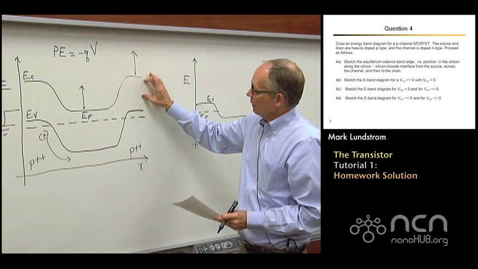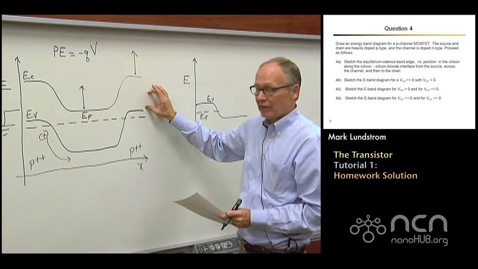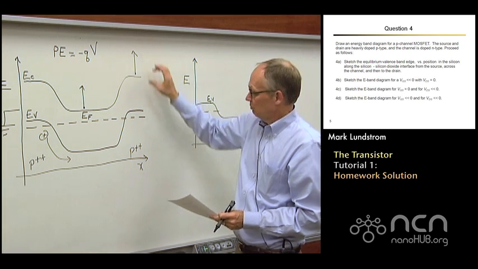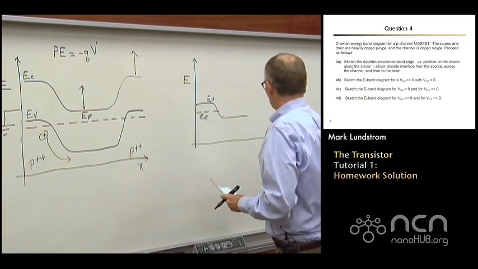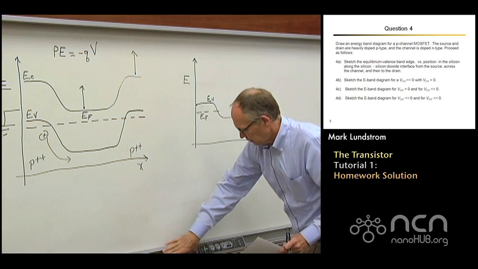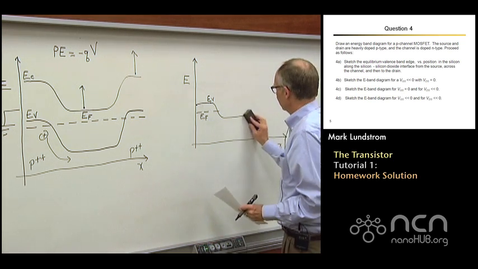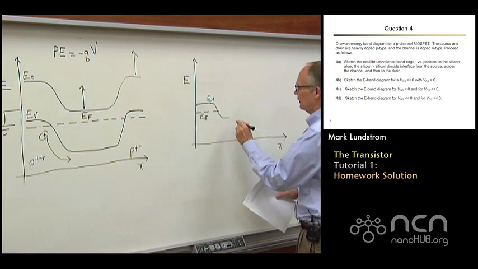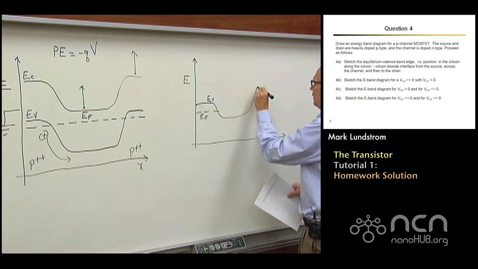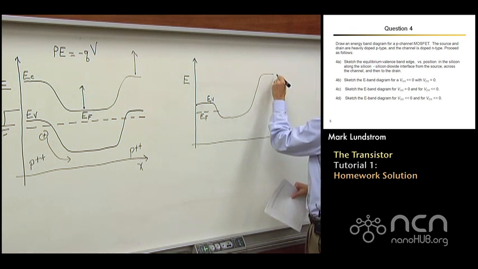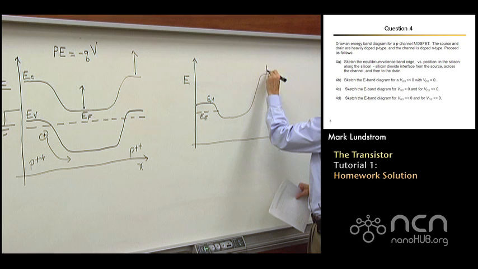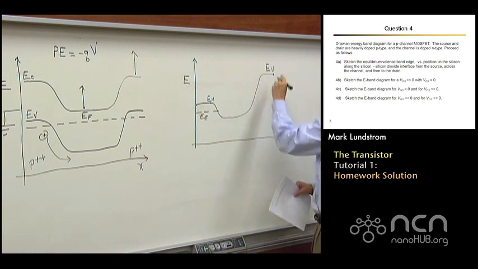Okay, if I apply a large negative voltage to the drain, then I pull the valence band in the drain way up.